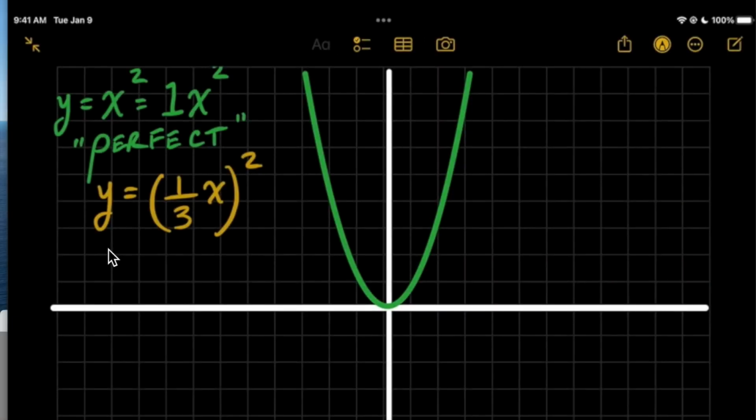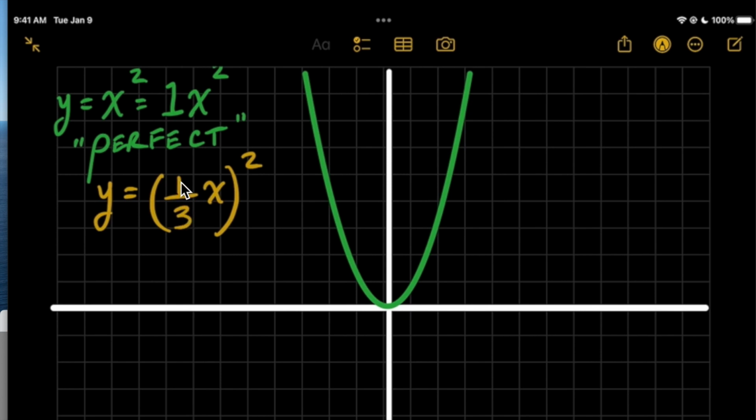Suppose you have this on your homework and they ask you, what is this yellow transformation? Describe it. Well, the first thing you notice is that 1/3 is inside the parentheses. So you know this is going to be a transformation in the horizontal direction. There's the 1/3. That is less than 1.